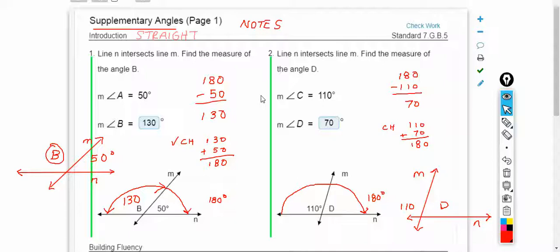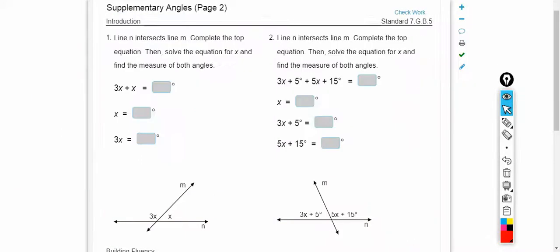Stop the video, first take the notes, and then complete the bottom section before moving on to the next page. Alright, so now we're ready to go to the second page.